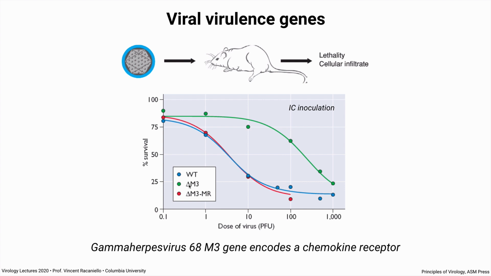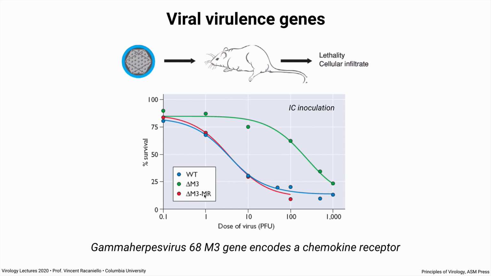Now let's take away the M3 gene, the delta M3 that's green, and now you can see that it's less virulent. And the 50% lethal dose is now over 100 PFU compared to 5. So removing that chemokine receptor reduces the virulence of the virus. And then the third curve in red, we have added back the M3 gene to the mutant genome, delta M3, with marker rescue.